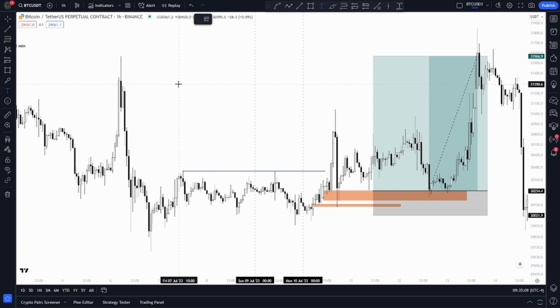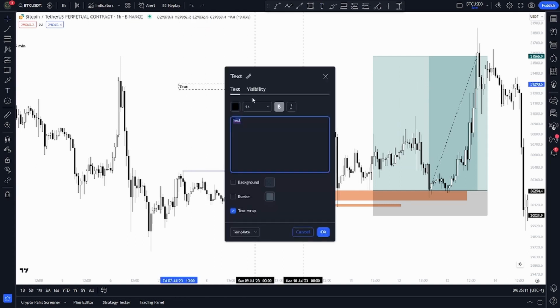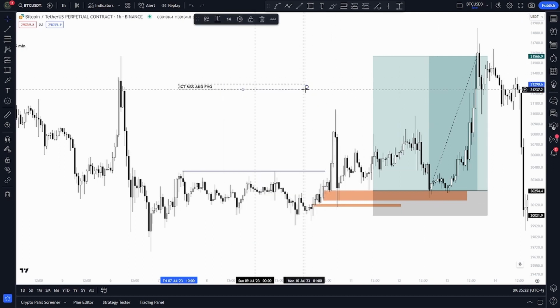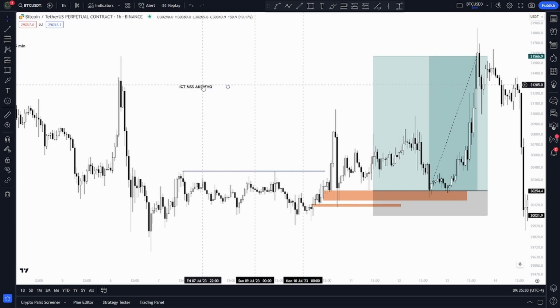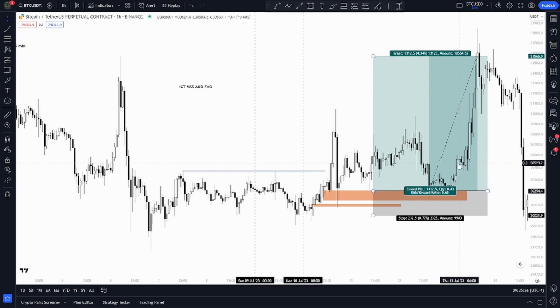And I want to refer to ICT for the market structure shift and fair value gap for the entries. Check his videos if you want to learn his 2022 strategy. I use it primarily, and the optimal trade entry pattern.